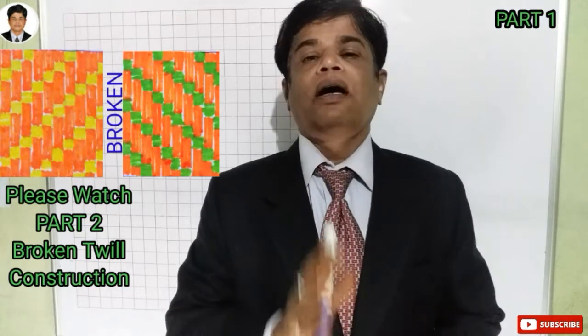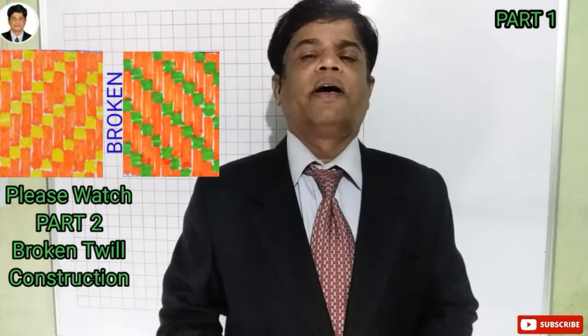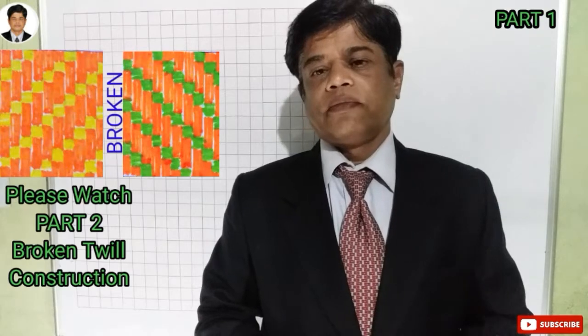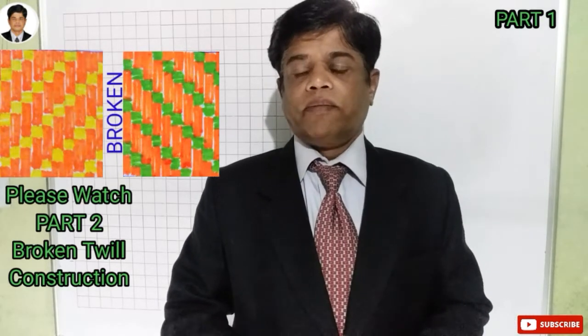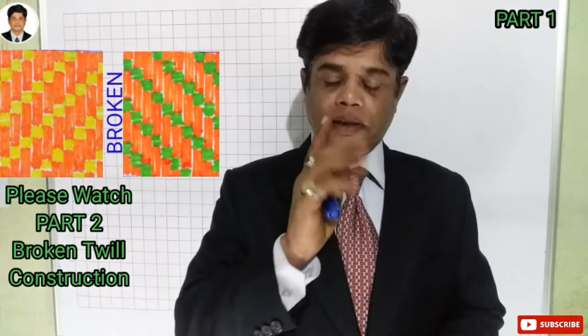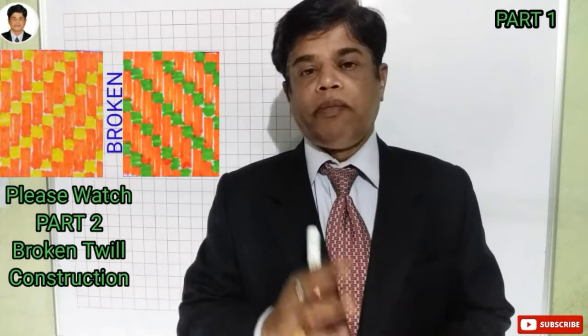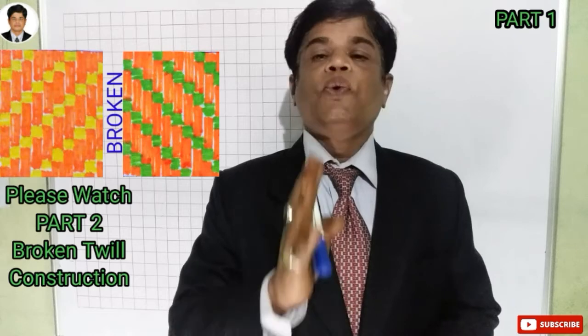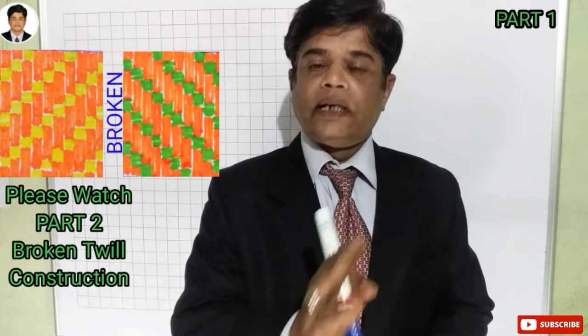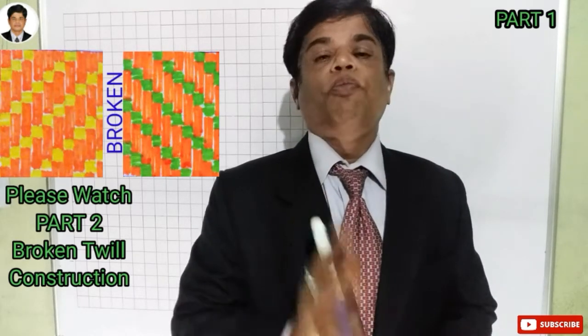That gives a very good look. Because the breaking takes place midway, halfway through the repeat of the basic twill, the resulting outcome is called broken twill. Twill is broken. Broken twill.